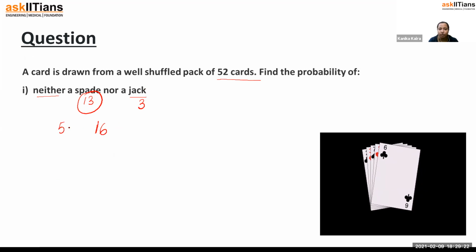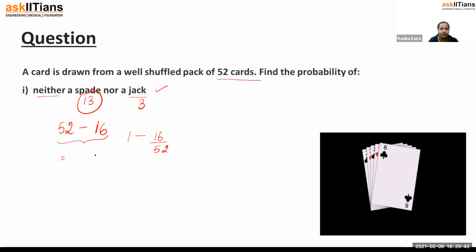So neither spade nor Jack. So you have to get this 52 minus 16, or what you can do is you can simply find the probability of getting a spade or a Jack. So this would be 16 over 52, and you have to subtract it from 1, or you can simply subtract them and get the result.